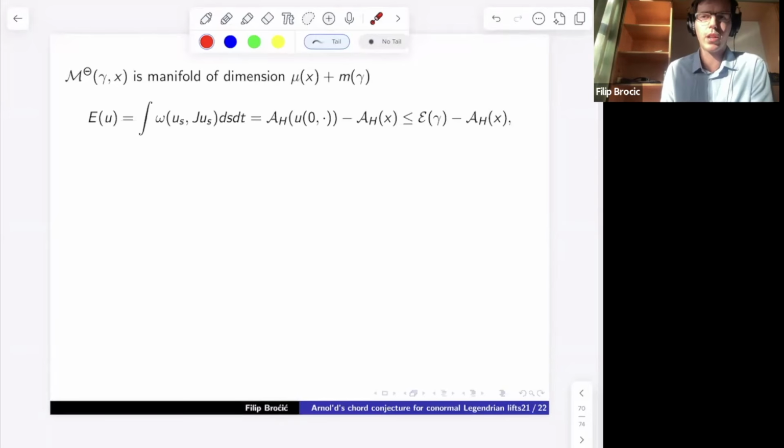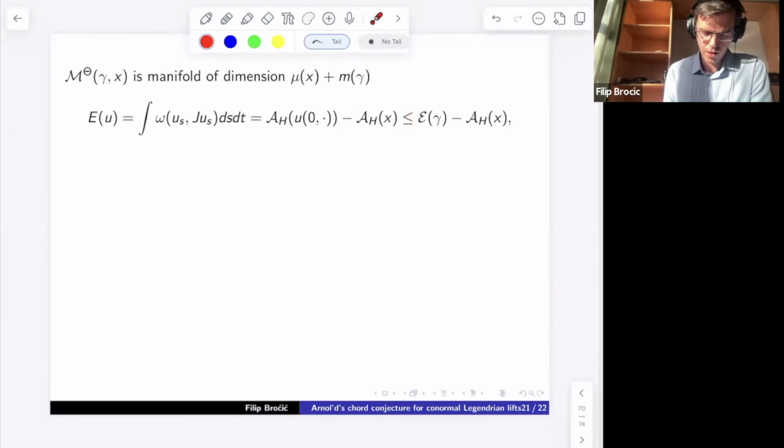Then, when one calculates the energy of a solution in such a moduli space, it's going to be the action difference between the zeroth part of the curve and the action of the Hamiltonian chord.